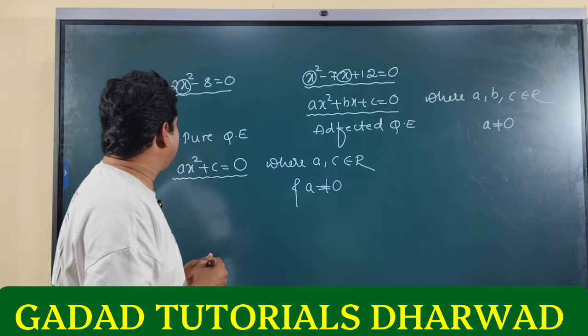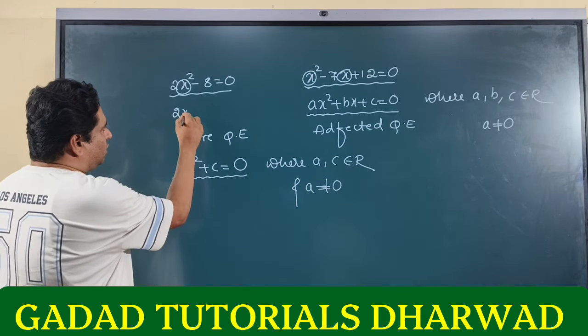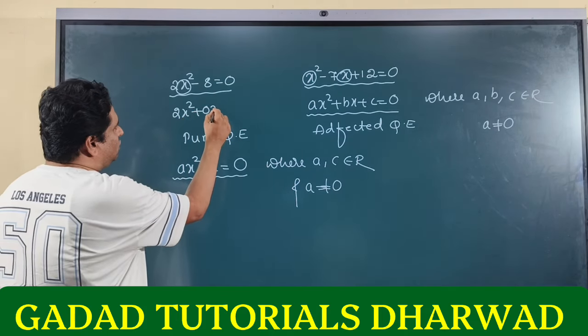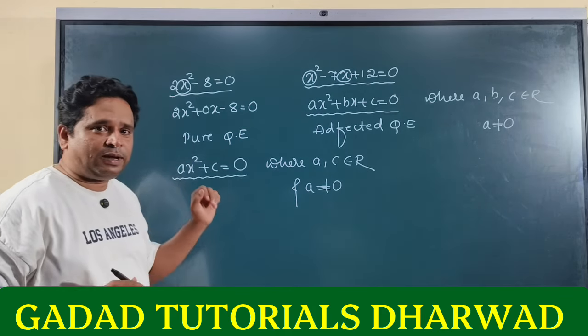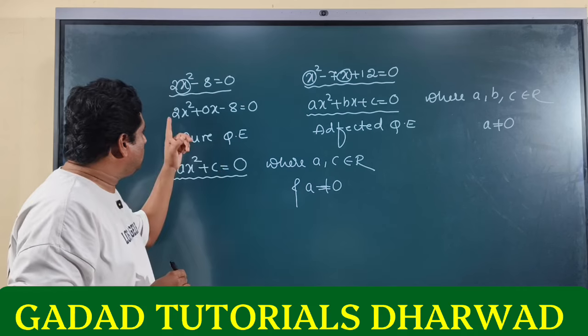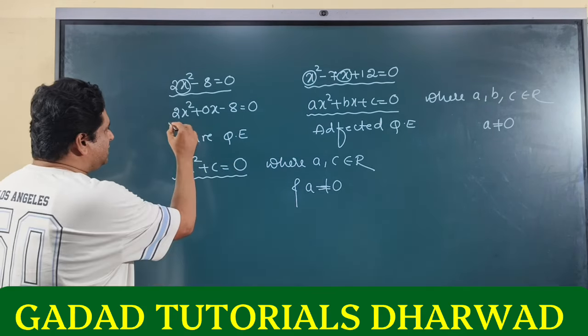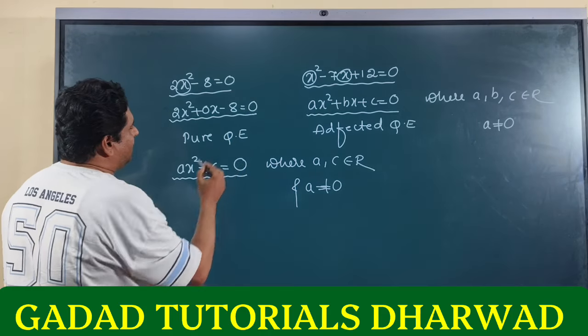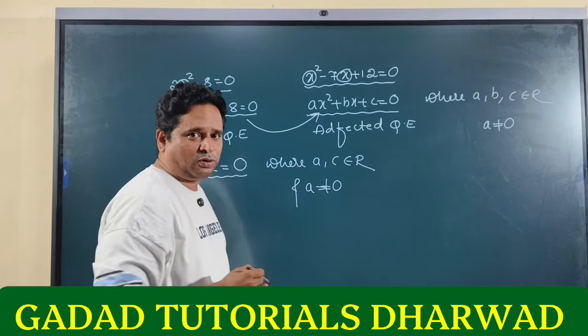Now, 2x square minus 8 equal to 0 can also be written as 2x square plus 0x minus 8 equal to 0. Even a pure quadratic equation can also be written in the form of ax square plus bx plus c equal to 0.